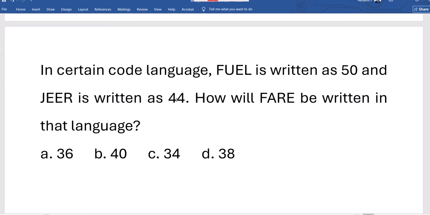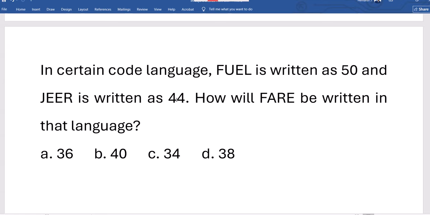Do forward coding. Plus 6 is what they did extra. Plus 6 is added, you can check that. Plus 6 we need to do.